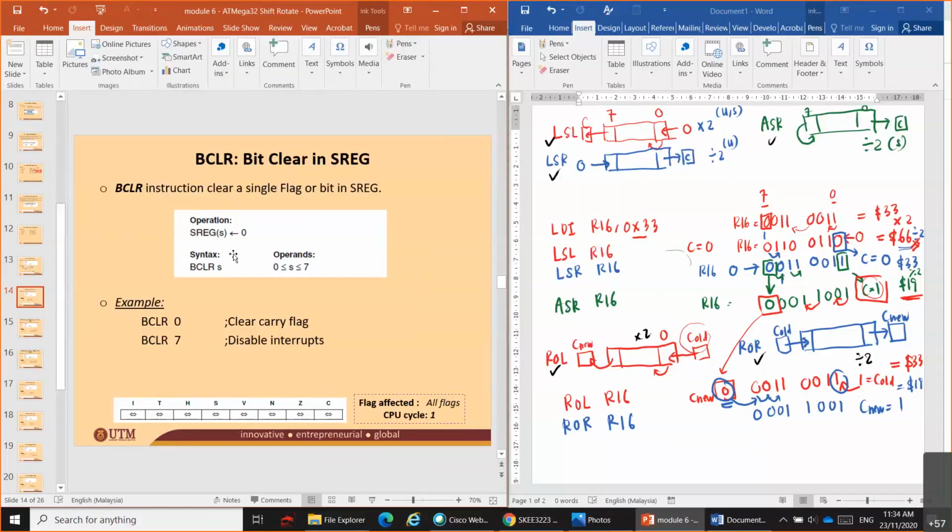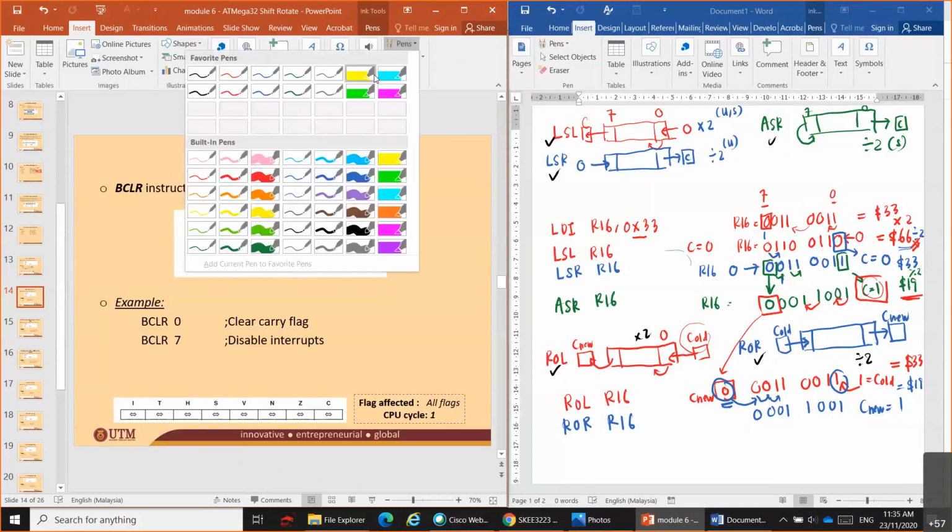BCLR S, where S is the location of your bit, from 0 to 7. This is the operation: you put 0 to the location S inside your status register. Again, this is your status register.